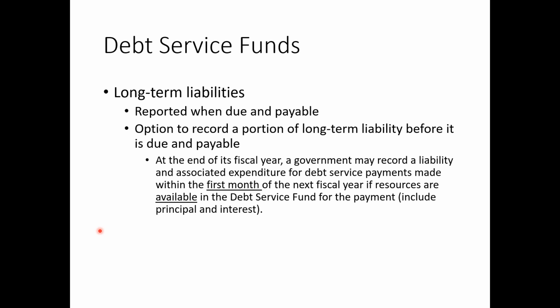So how do we report long-term liabilities in the debt service fund? Because in all the governmental funds, we do not report long-term liabilities. Okay? So we report long-term liabilities when they are due and payable. When they become due and payable, then we're going to record a long-term liability. Otherwise, we do not report them.